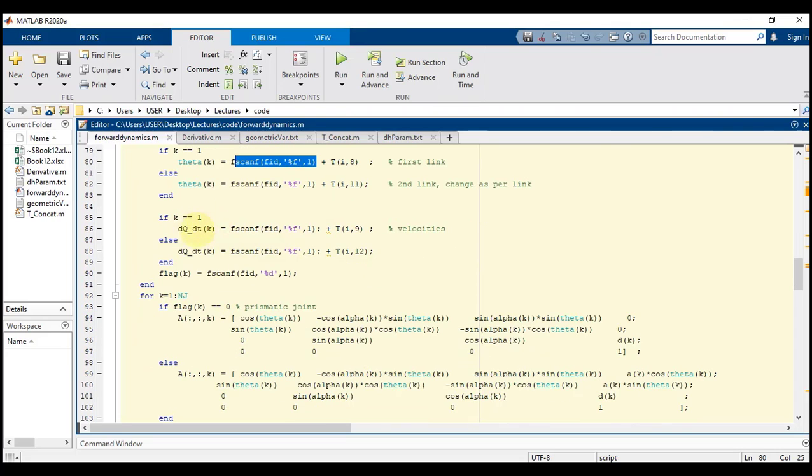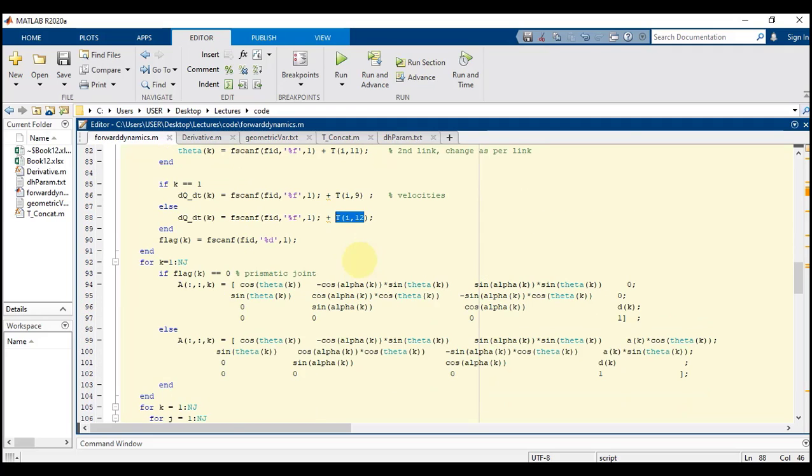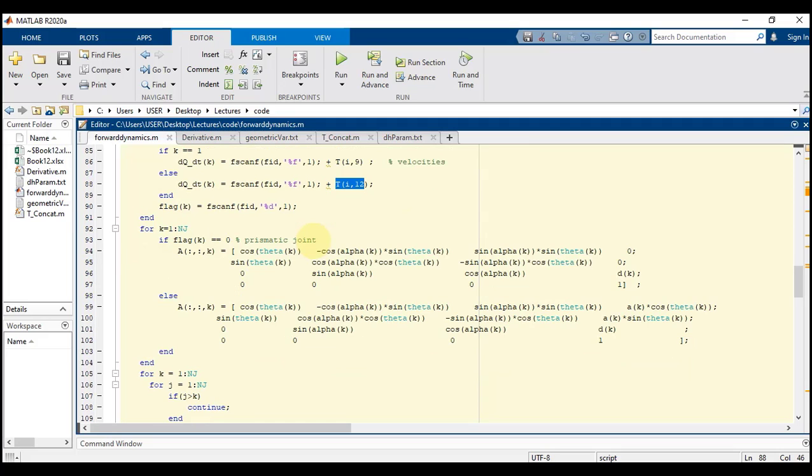And if k equal to 1, dq by dt, that is velocity, is taken from the 9th column, and if k equal to 2, that is the second link, it is taken from the 12th column. If there are other links, like say 3 links, then k equal to 1, else if k equal to 2, else the third link.